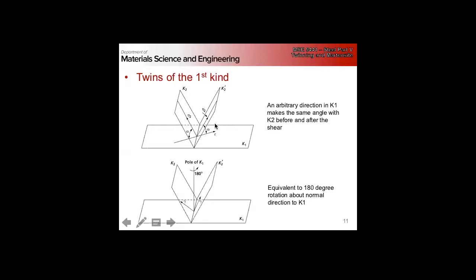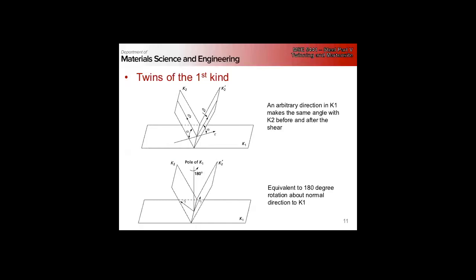And this is equivalent to a 180-degree rotation about an orthogonal direction to K1, right? So we can basically think of the shear as taking everything that's on the twin plane and just rotating it about the orthogonal direction to that 180 degrees.